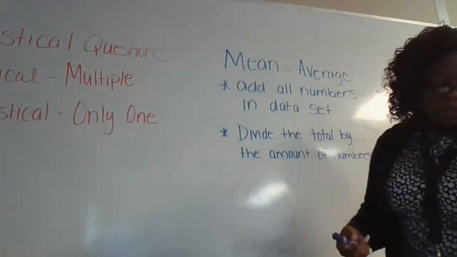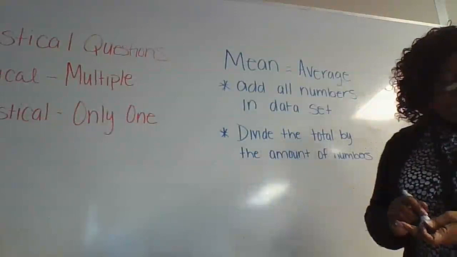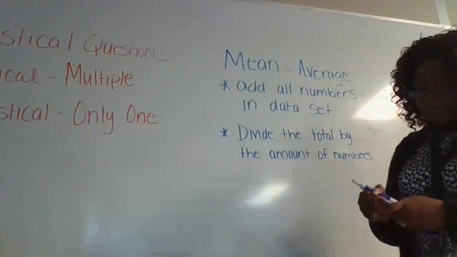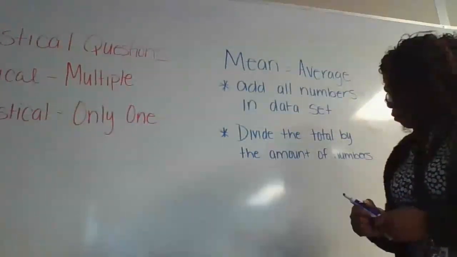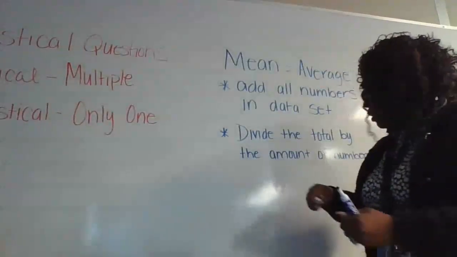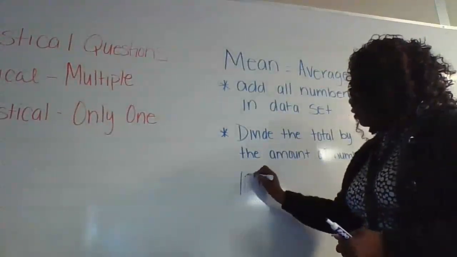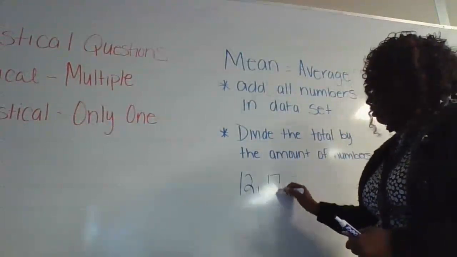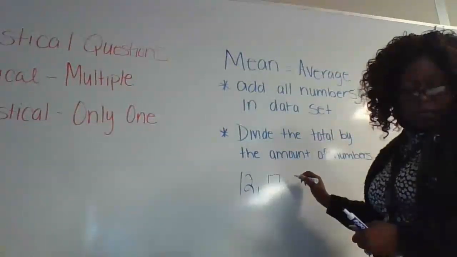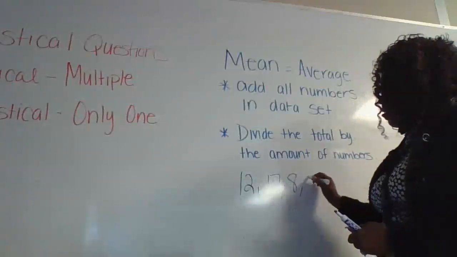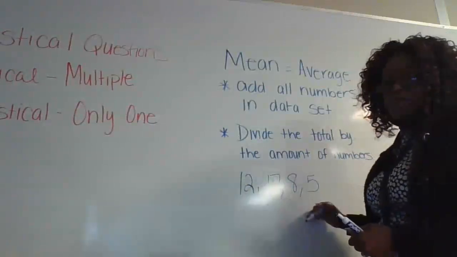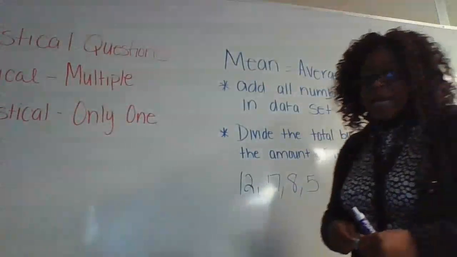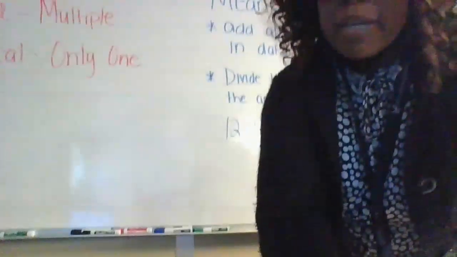So in this particular case, we are going to work with the numbers. Let's make it easy for Miss Ramey. We are going to work with the numbers 12, 17, 8, and 5. So these numbers are what we call our data set or data, however you pronounce it.